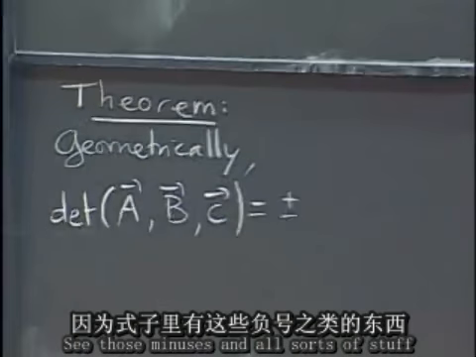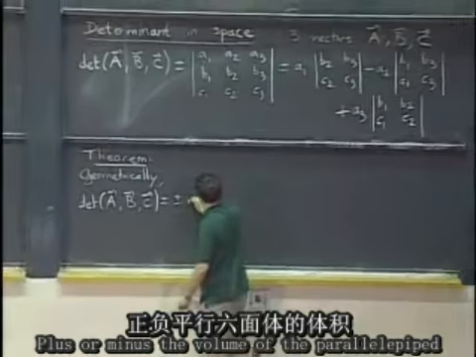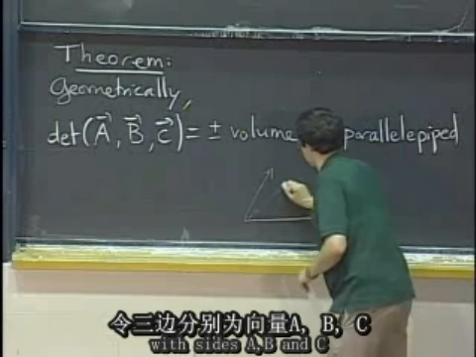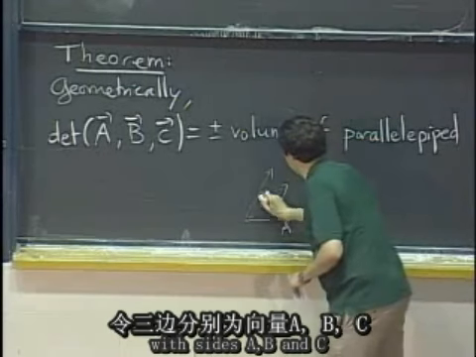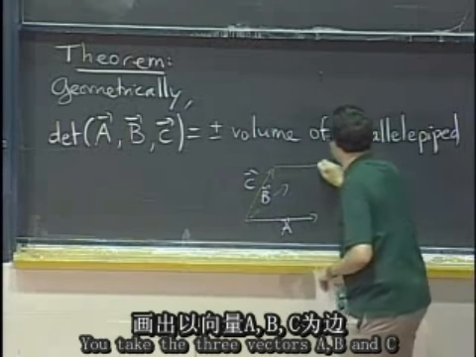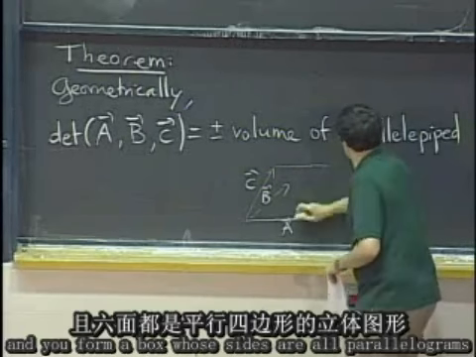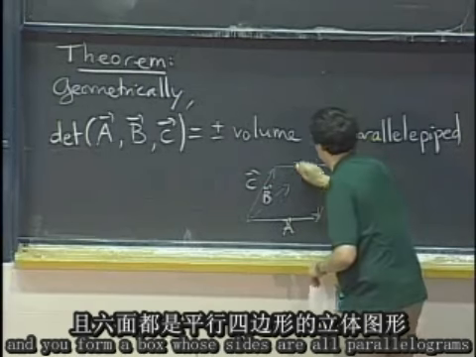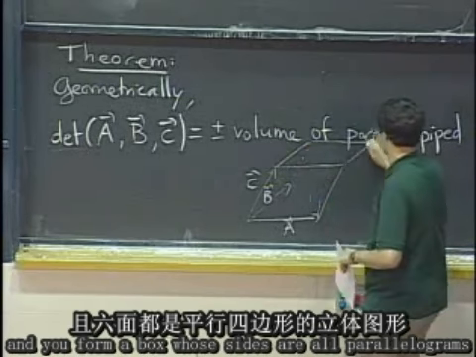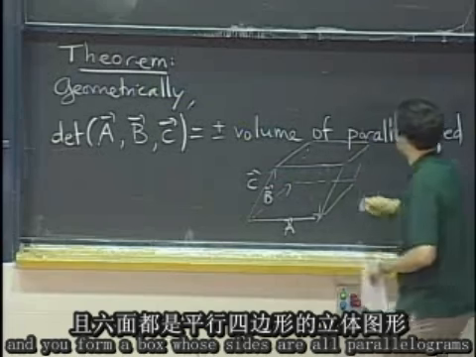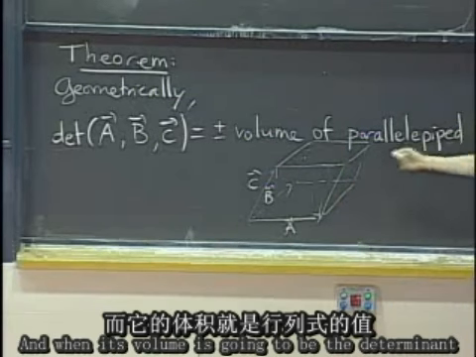A parallelepiped is just a fancy name for a box with parallelogram sides, in case you wonder, with sides A, B, and C. So you take your three vectors A, B, and C, and you form a box whose sides are all parallelograms. And then its volume is going to be the determinant.